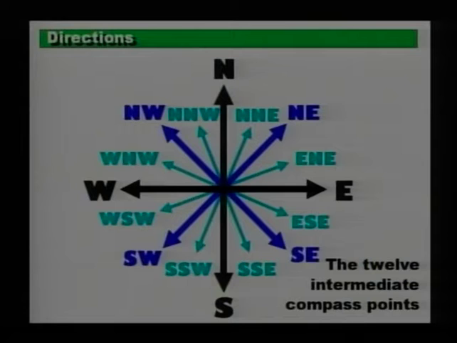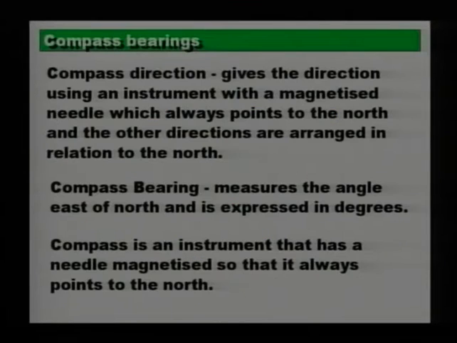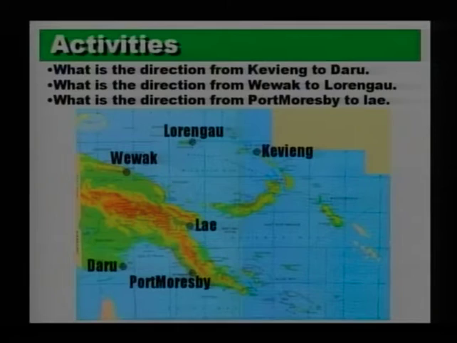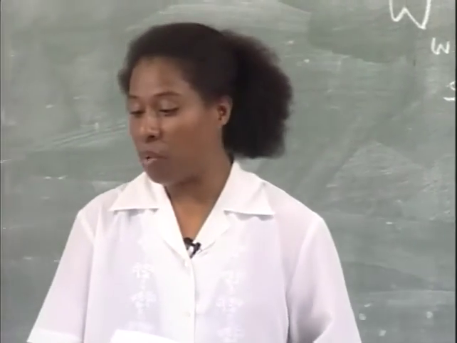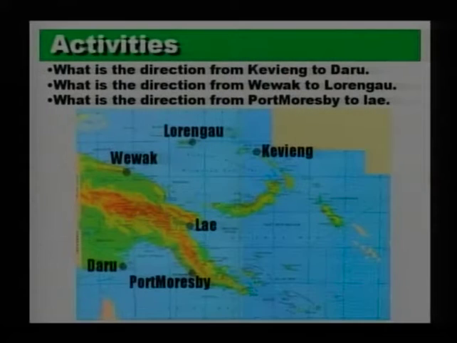So let's do some activities, and those activities will make sure we are able to give directions correctly. Page 10 and 11. Using the map on pages 10 and 11, you can write this down. Number 1, what is the direction from Kavieng to Daru?